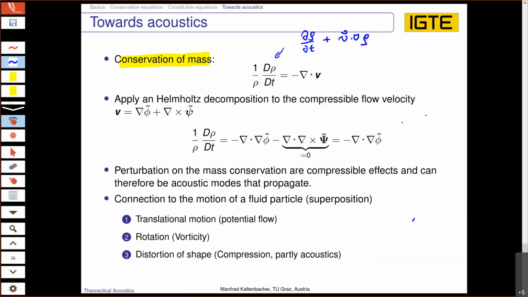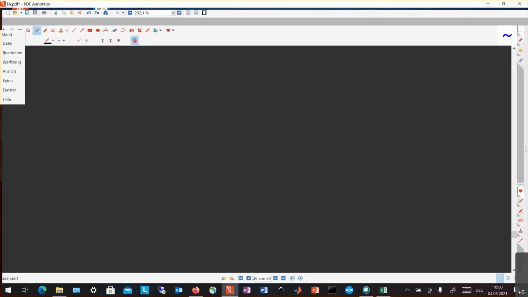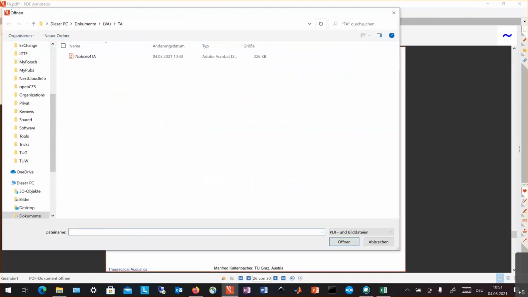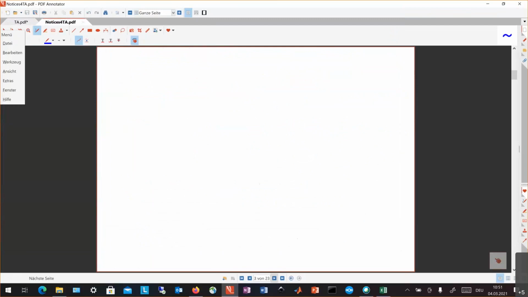Perhaps I rewrite it a little bit, because then it will get clearer for you. And let's start with what we had.